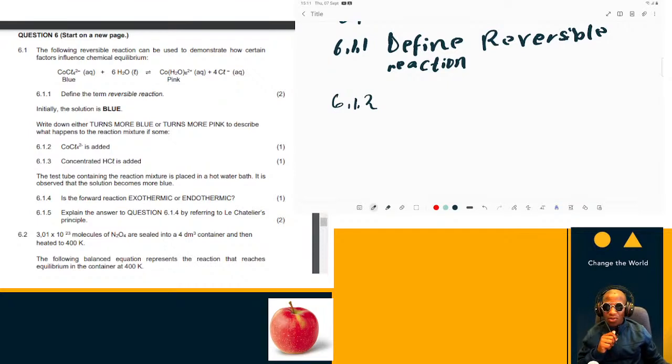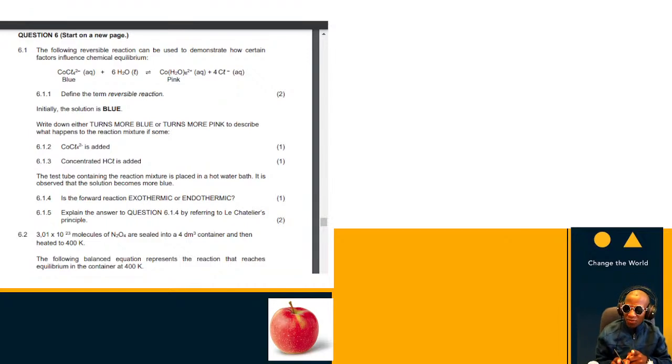So what will happen if we add CoCl4 2- on the reactant side? We are increasing the concentration of the reactant, so the reaction will respond in order to balance the chemical reaction.